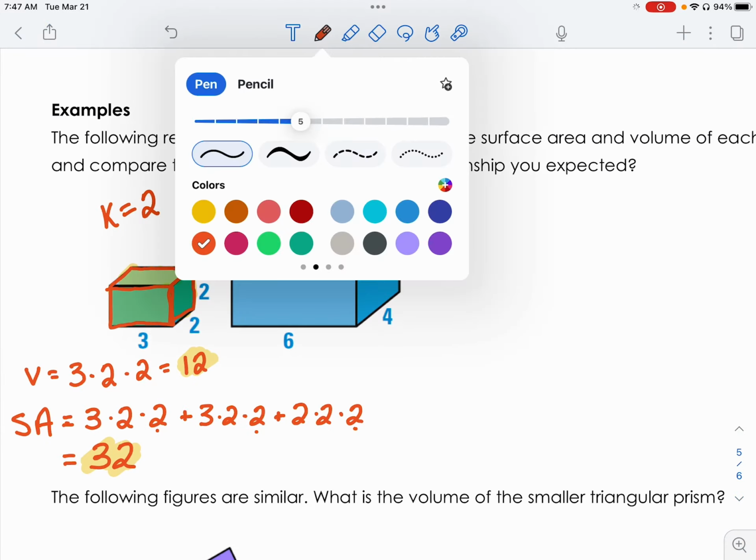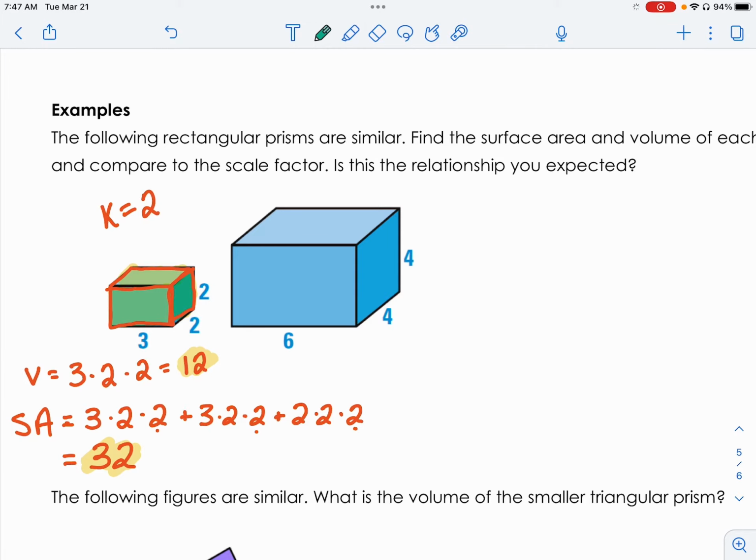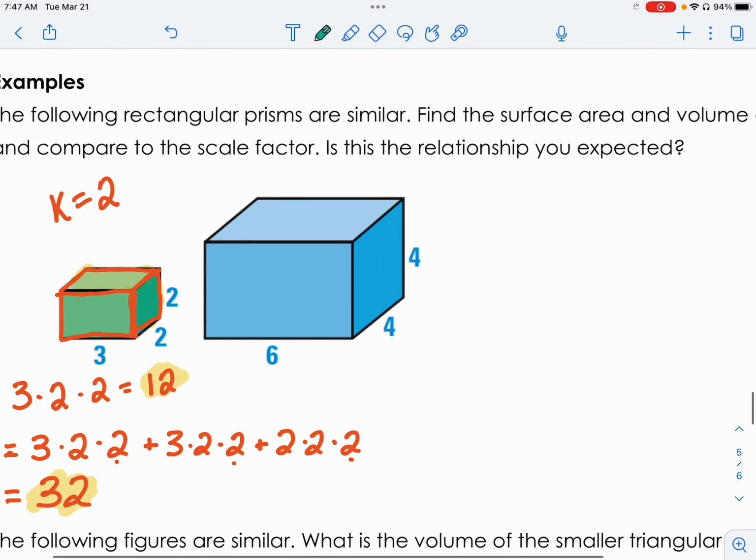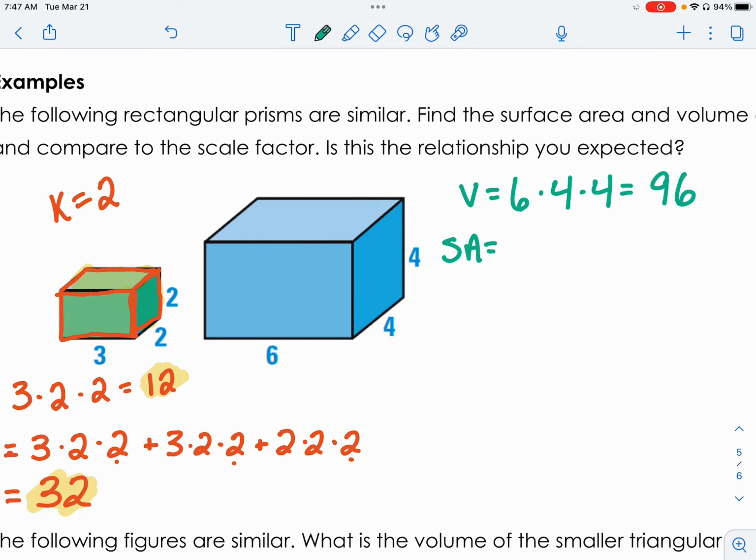On to our bigger prism. Volume equals 6 times 4 would be the area of the base, times our height, which is 4, so 96. And then the surface area, similar type of problem.